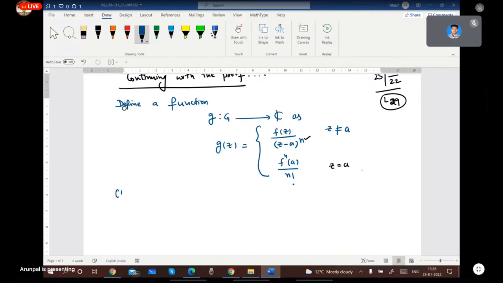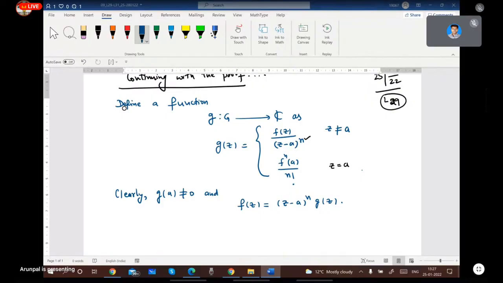So clearly the value of g at a is non-zero, as you can see here, class, the way we have defined it. This is just by definition. And f(z) is (z minus a) to the power n times g(z), if you notice.